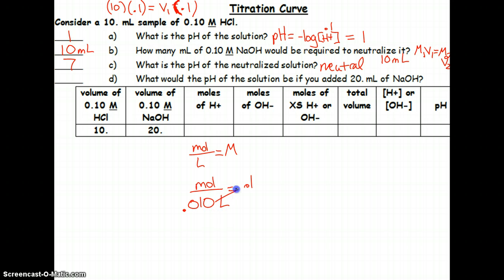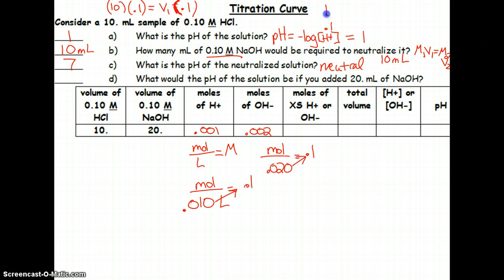You cross multiply, and that gives you the number of moles of H+, which is 0.001. We set up the same thing for the OH, which is the NaOH, still looking for moles. Now we have 0.020 liters, and the concentration of the NaOH was 0.1. Cross multiply, and you get 0.002.